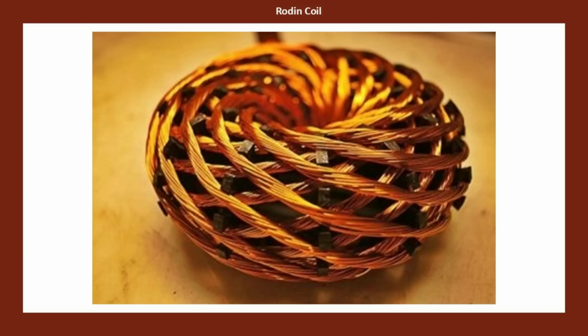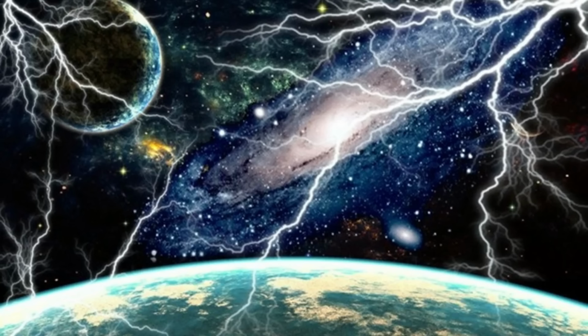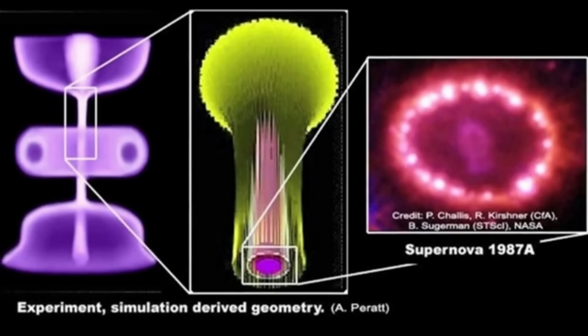The Rodin coil's benefits include enhanced magnetic field coherence and reduced electrical resistance. Next, I'm going to talk about the electric universe. The electric universe theory generally states that electricity is the engine behind a long list of natural and astrophysical spectacles, and supports the idea that electricity powers the sun and the stars as well as us, and that cosmic occurrences are electrical in nature.